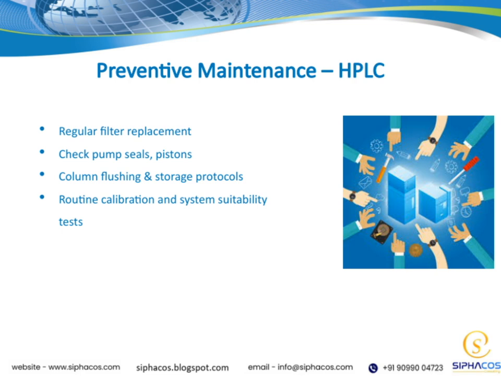These checks verify that the system is functioning correctly and producing reliable data, reducing the risk of errors. Overall, implementing these preventative maintenance practices in HPLC ensures the system's reliability, accuracy, and longevity, which aligns perfectly with our goal of maintaining high-quality analytical results.